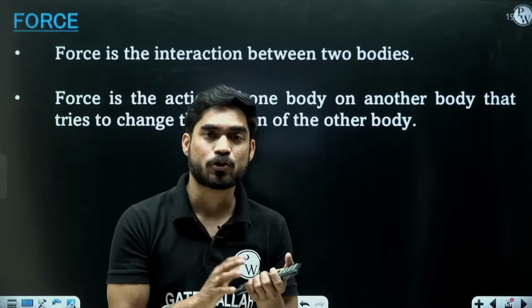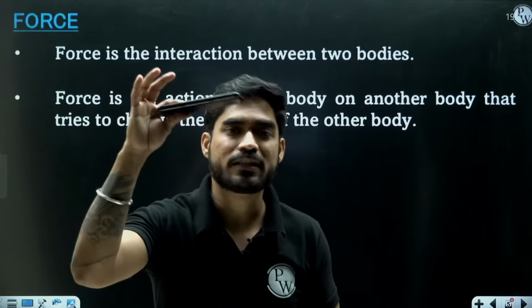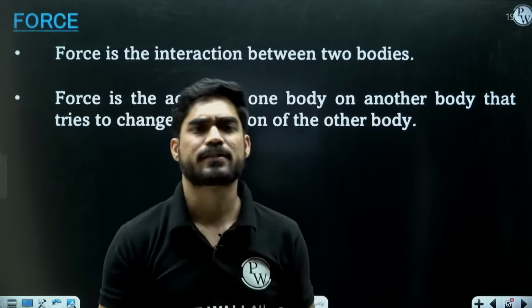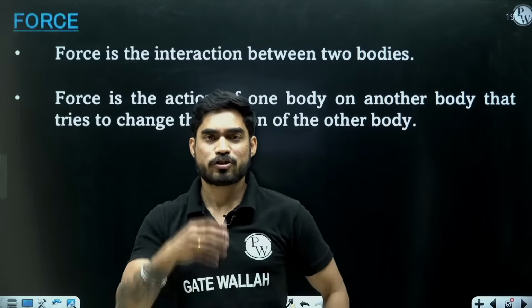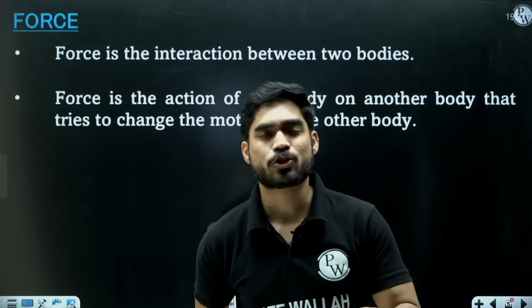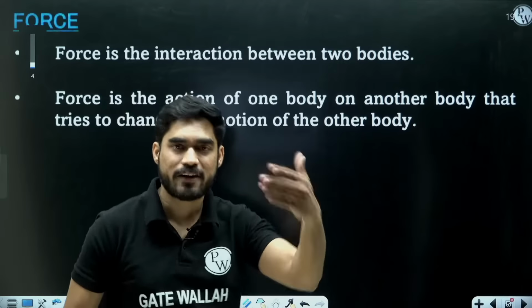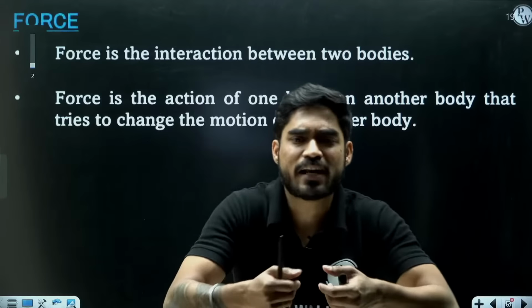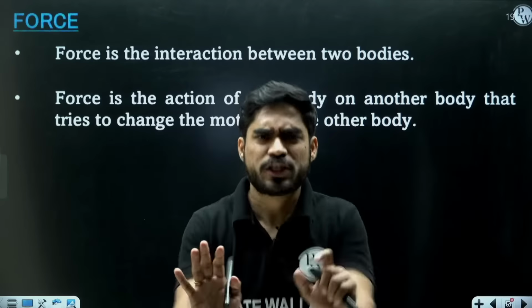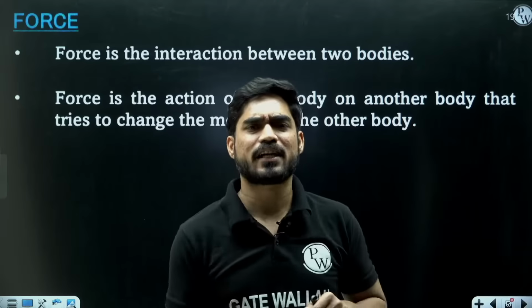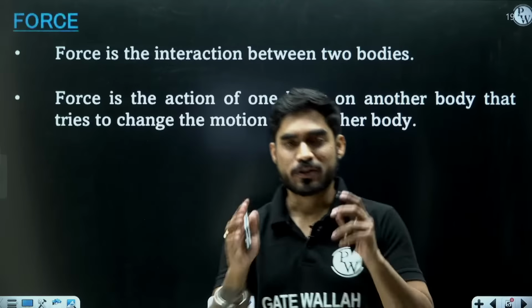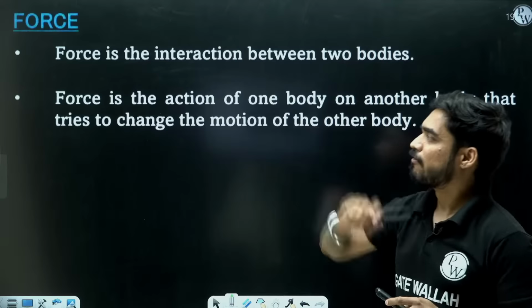So I will show the interaction between this calculator and my hand with a downward force. So force is nothing but showing the interaction. It is a way of showing the interaction between two bodies, whether these bodies are pulling each other or pushing each other or rubbing each other or trying to rotate each other. So this interaction is shown by forces.